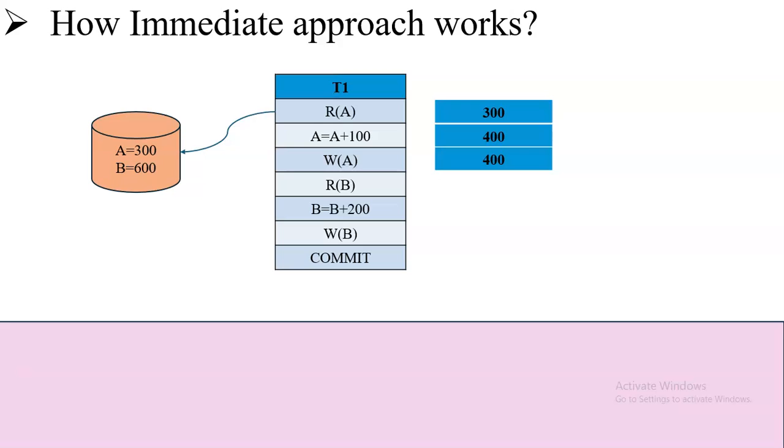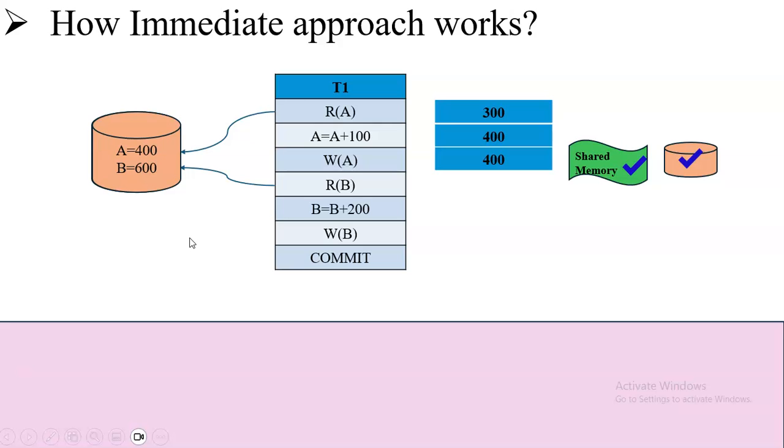Write of A: where will it write? Immediately the updated value will be stored into the database. So it is written in the shared memory as well as into the database. Now if you see, the contents of the database are A is equal to 400 and B is equal to the old content, that is 600.